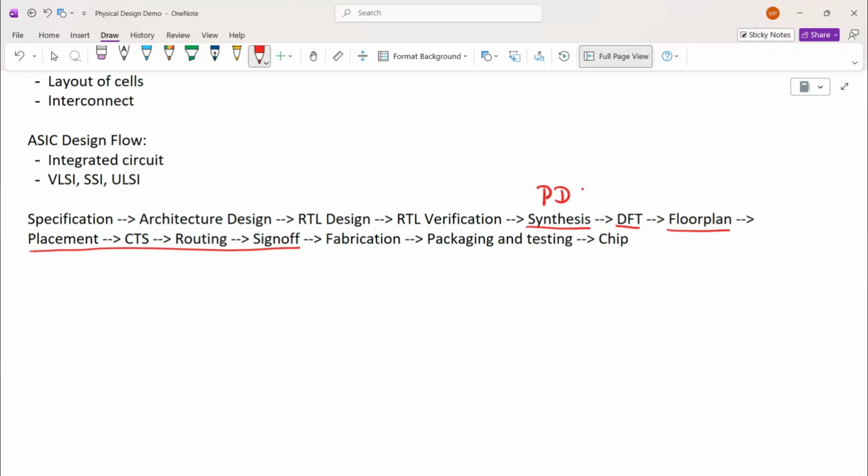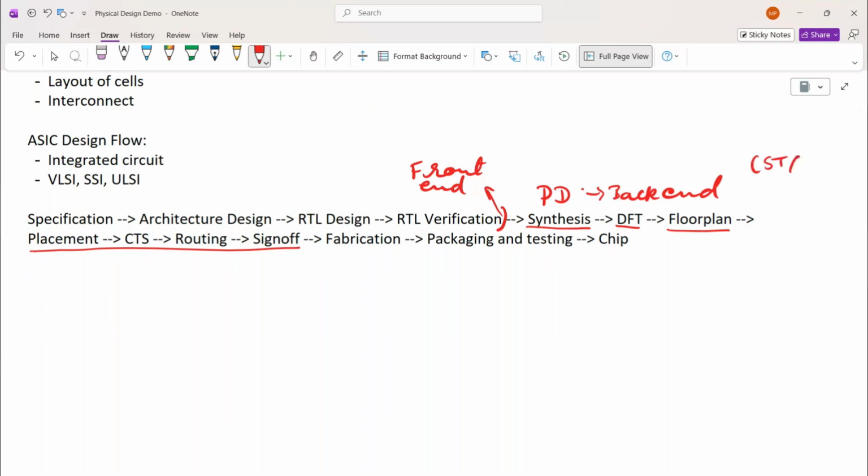This is where physical design people work, right? Till here, it is called front end. From here, it is called back end, right?